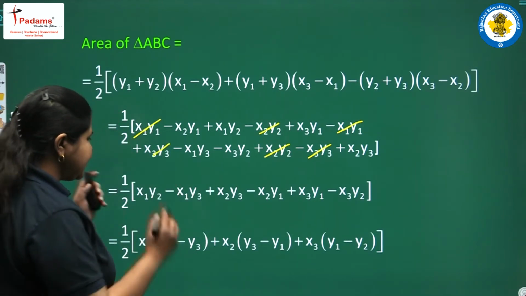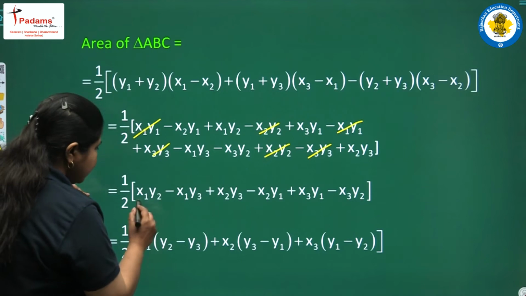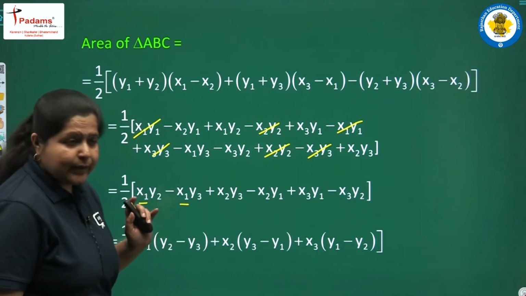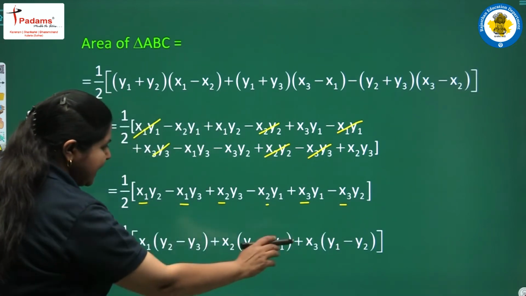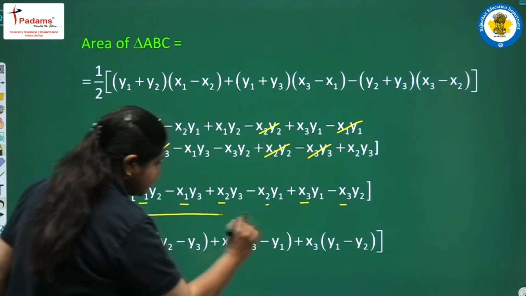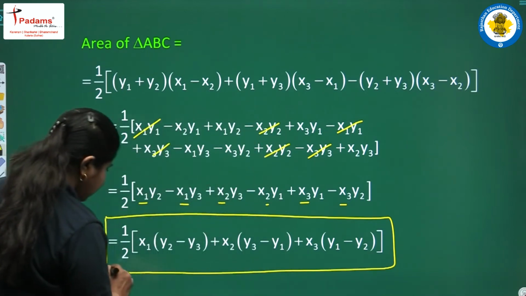On simplifying and taking the like terms together with coordinates x1, x2, x3 together, we get this expression which is the area of a triangle.